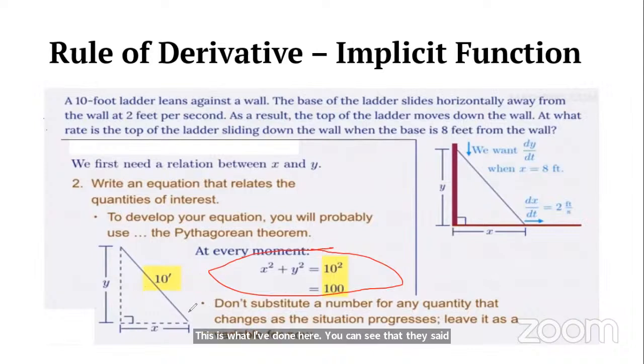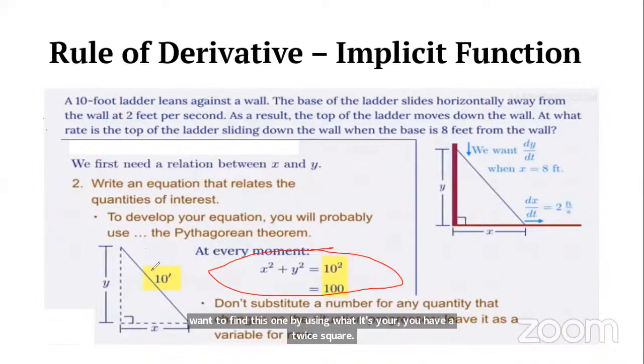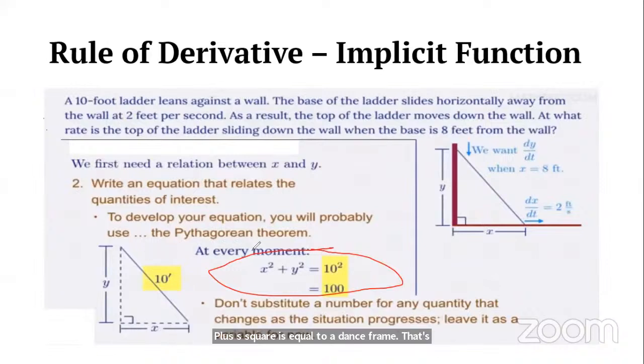So since it's 10 feet, if you want to find this one by using the theorem, you have y squared plus s squared is equal to 10 squared. That's what I've written here. Are we all okay? So now, this one gives you your first relation. But that's not the end.